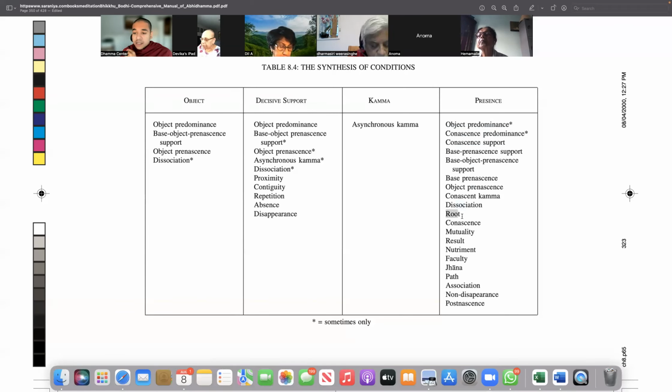Hetu pachaya, root, connascence, sahajata, mutuality, anyamanya, result, vipaka, nutriment, ahara, faculty, indriya, jhana, path, magga, association is sampayutta, non-disappearance, avigata, and post-nascence.